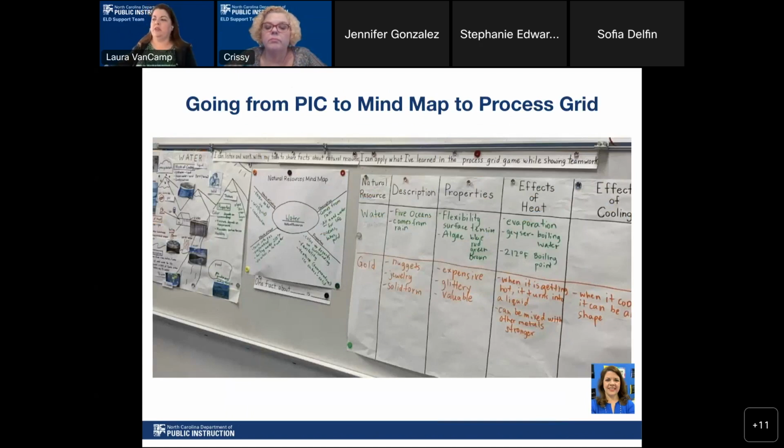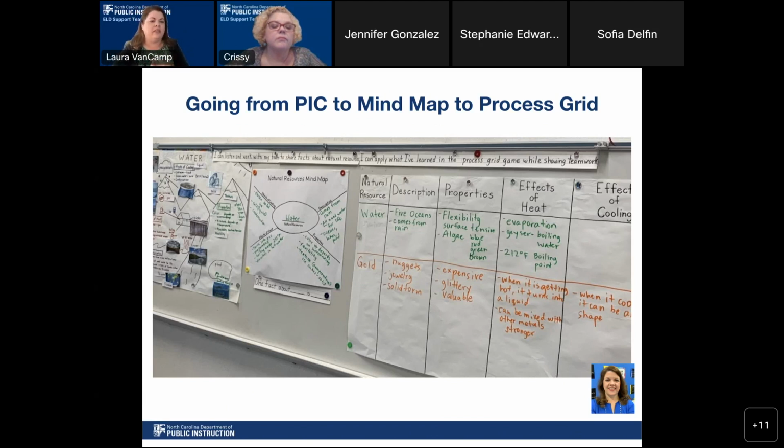Now I just wanted to show you this picture so you can see how we move from the pictorial input chart, which is on the far left. This is the natural resources unit, and the row that I was working on is the natural resource water. And that was a really fun pictorial because we talked about solids, liquids, gas.